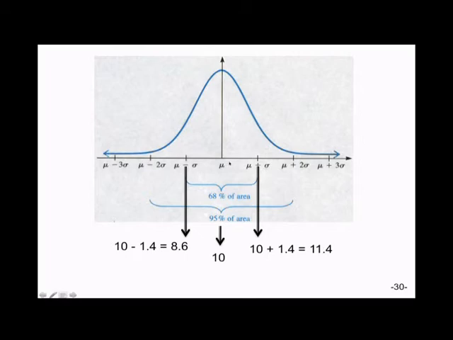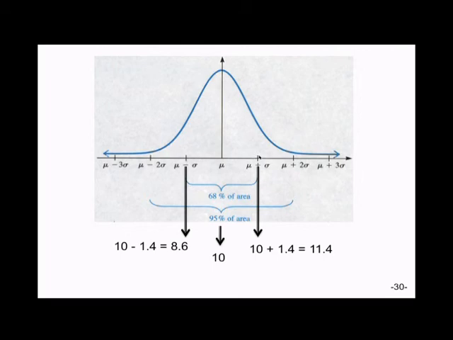So that means this point on the curve is 11.4 years. This point on the curve is 8.6 years. And the characteristics of a normal curve are very well defined. So we know that between -1 standard deviation and +1 standard deviation, 68% of the population lies within those parameters.